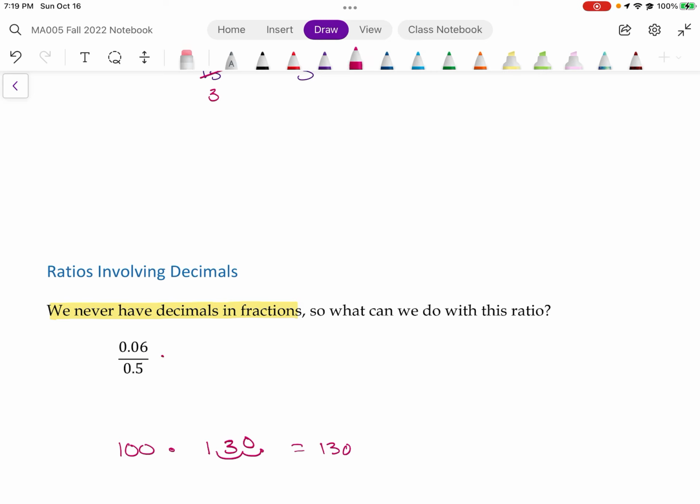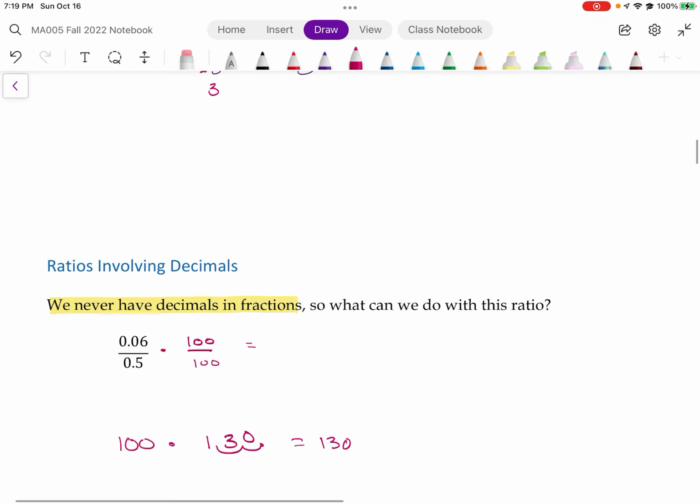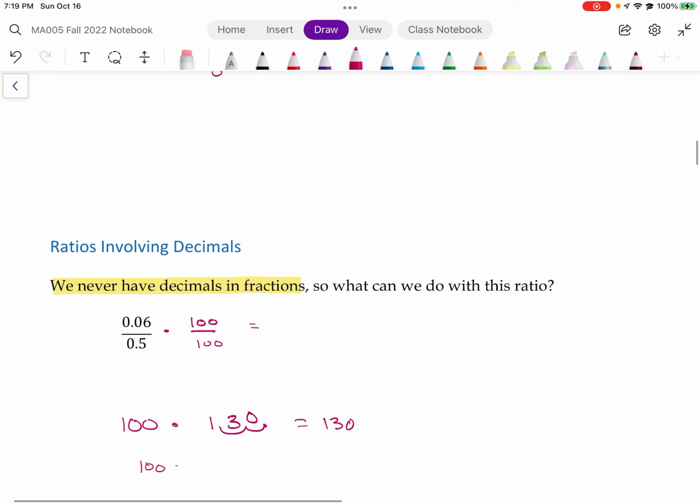So we multiply top and bottom times 100. When you multiply 0.06 times 100, you move the decimal point 2 places to the right, and you get 6. So the top becomes 6.